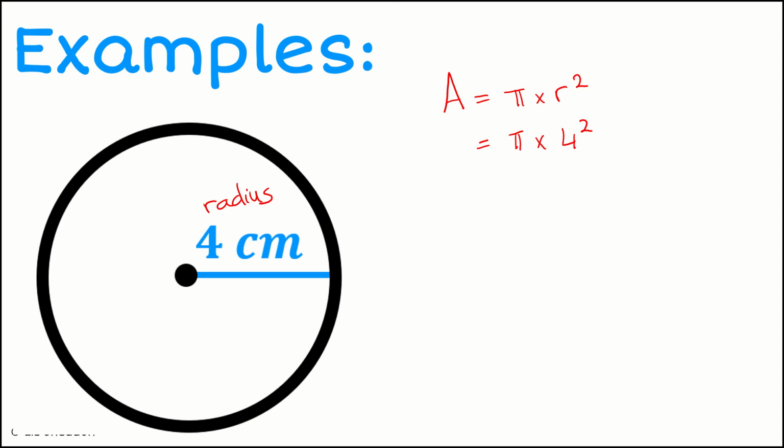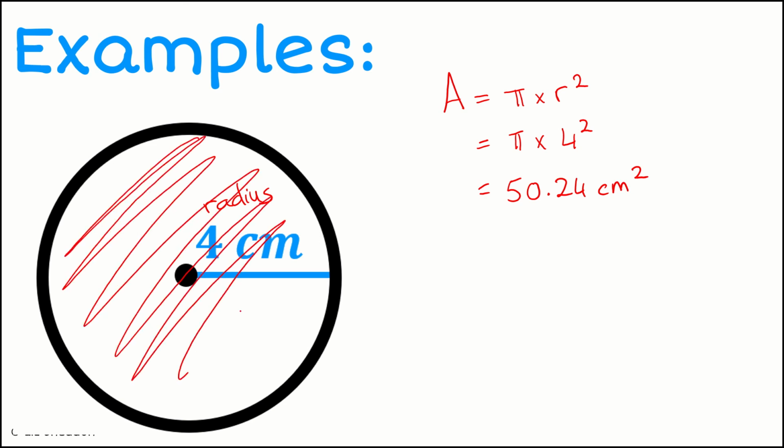Now 4 squared is the same as 4 times 4, which is 16. I put that into my calculator and I get an answer of 50.24 centimetres squared. Remember, the area is the space inside the circle. So with a 4 centimetre radius, the area of that circle would be 50.24 centimetres squared.